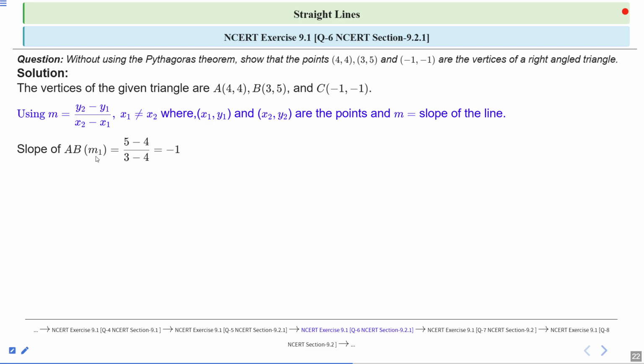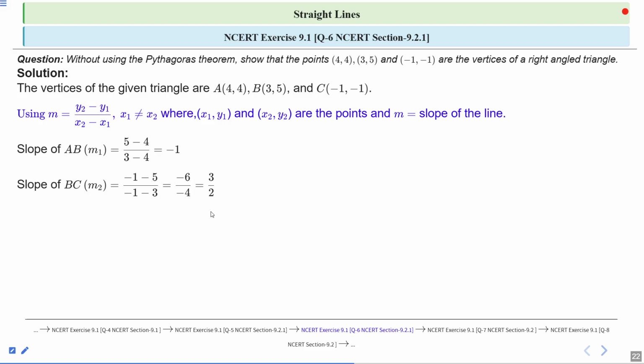So the slope of AB, m1, is equal to (5 minus 4) divided by (3 minus 4), which gives minus 1. So the slope of line AB, denoted m1, is minus 1. And the slope of line BC, m2, is equal to (-1 minus 5) divided by (-1 minus 3), which is minus 6 over minus 4, which is 3 by 2.